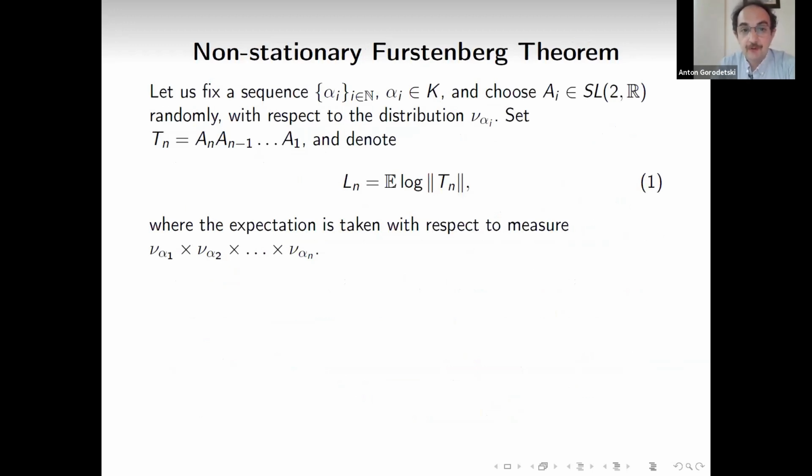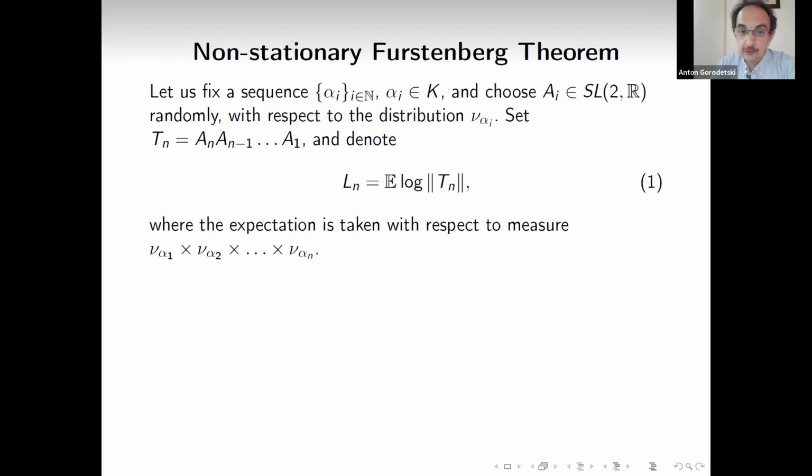So the result is the following. First of all, we want to fix a sequence of distributions, just by hand. It's completely my choice. I choose the first distribution for the first matrix, the second distribution for the second matrix, and so on. After I fix those distributions, I choose the first matrix randomly with respect to the first distribution, the second matrix with respect to the second distribution, and so on, and form the product of those matrices exactly as in the Furstenberg theorem.